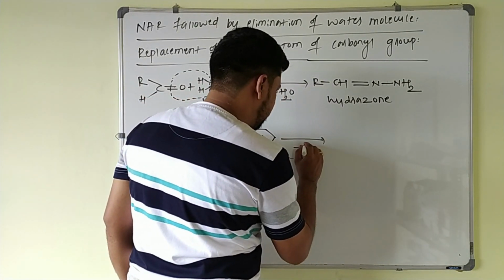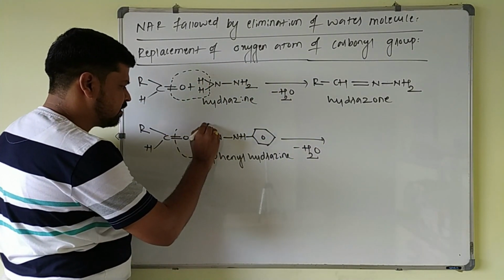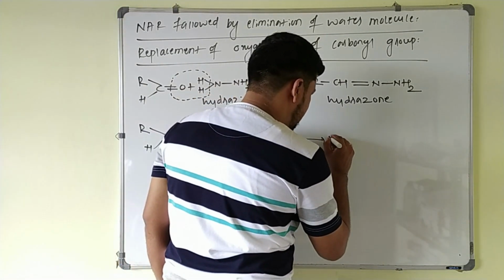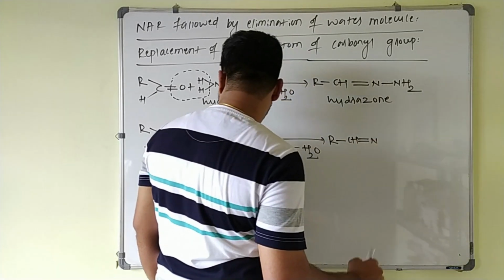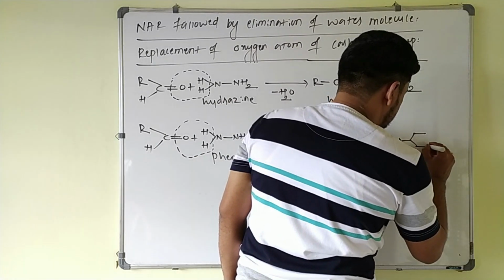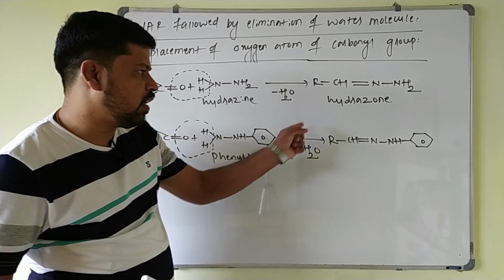It reacts with aldehyde and ketone, so that there is elimination of water molecule again, like this. Again you connect carbon and nitrogen with a double bond. R CH double bond nitrogen, NH, and this is a phenyl group. So phenyl hydrazine gives phenyl hydrazone.